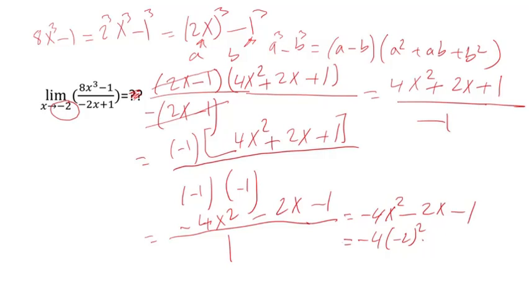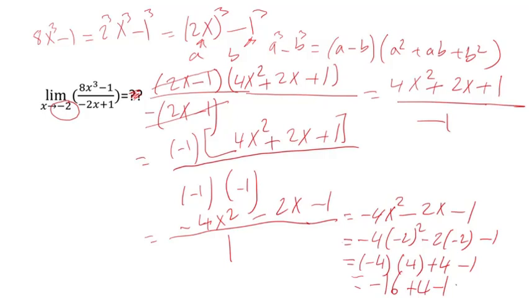So negative 4 times negative 2 squared, which is 4, then minus 2 times negative 2 is plus 4, minus 1. Negative 4 times 4 is negative 16, plus 4 is negative 12, minus 1 is minus 13.